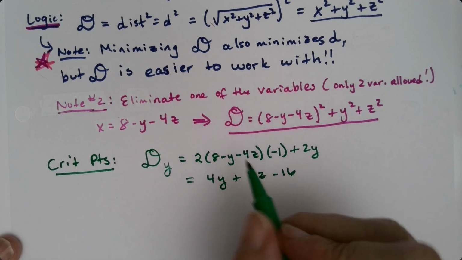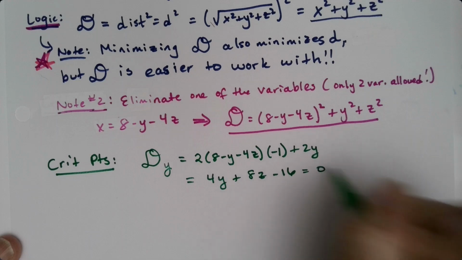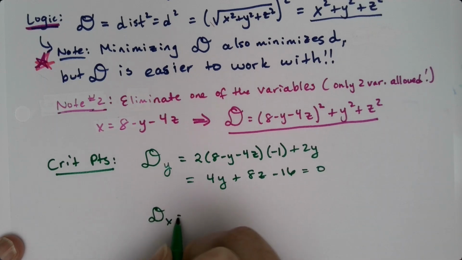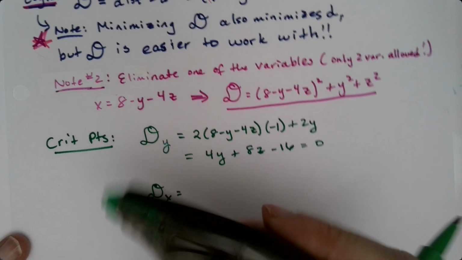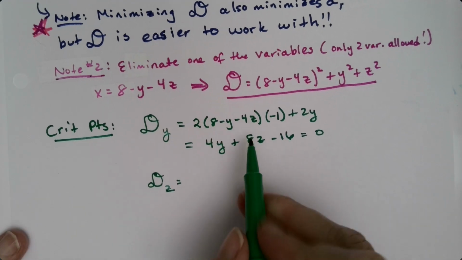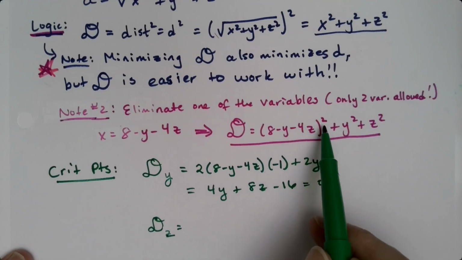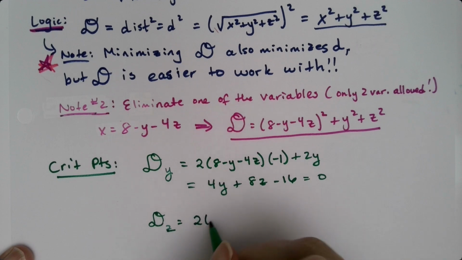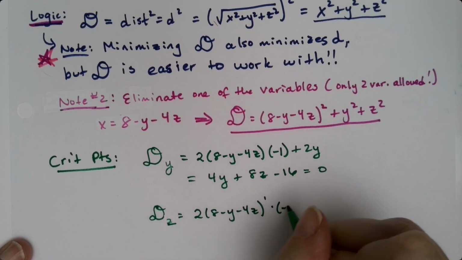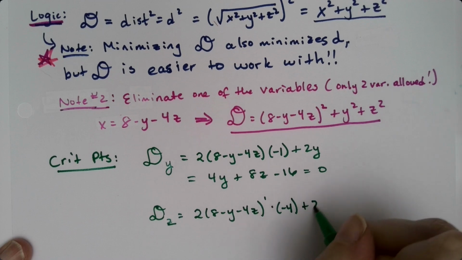Now remember, we're going to set that equal to 0, and we're going to come up with some answers. All right, now d sub z. We don't have an x. D sub z would be, back up here, bring the 2 down, 8 minus y minus 4z to the 1 times the derivative of the interior, which is negative 4, plus a 2z.